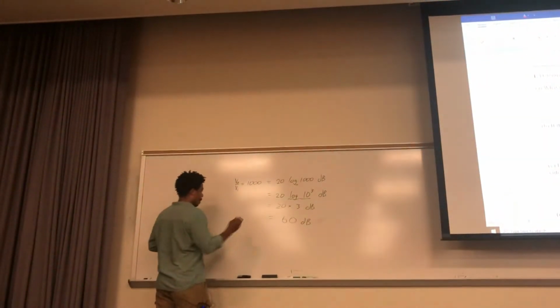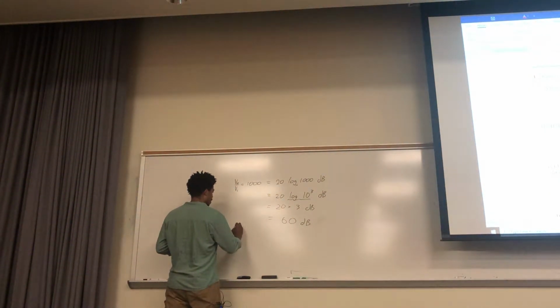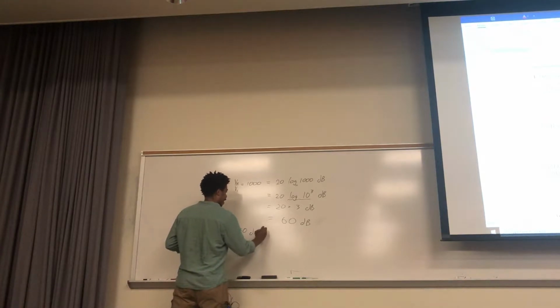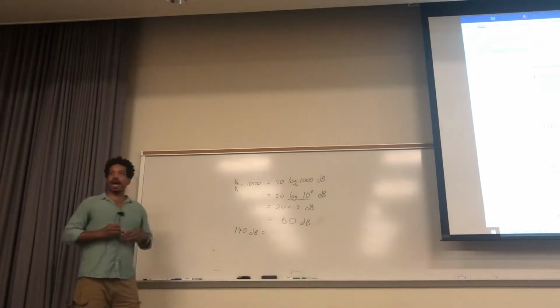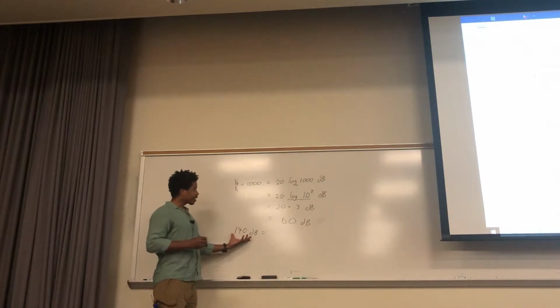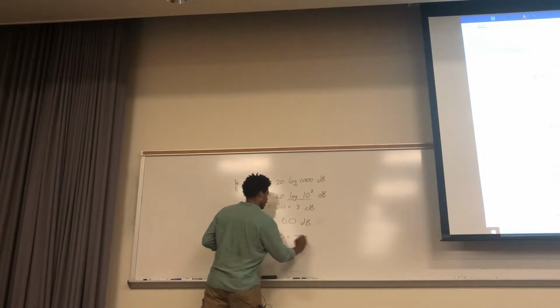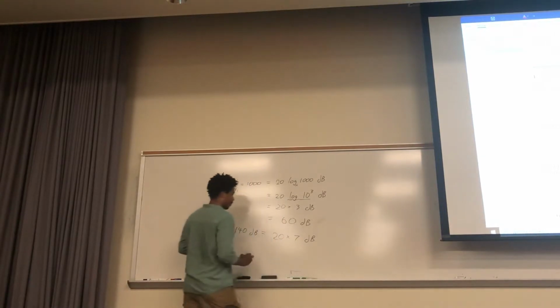So for that one, we're given the decibels first. And so there, we can start working backwards, right? So 140 decibels, that's going to be 20 times 7 in decibels, right?